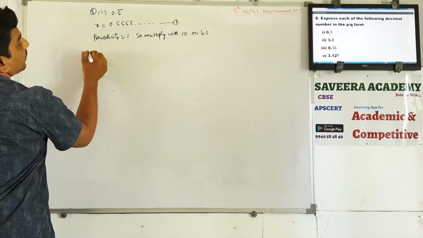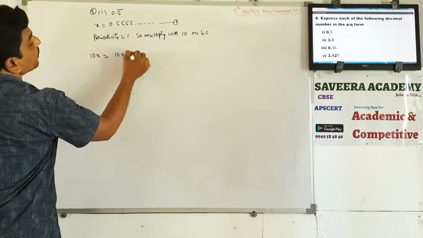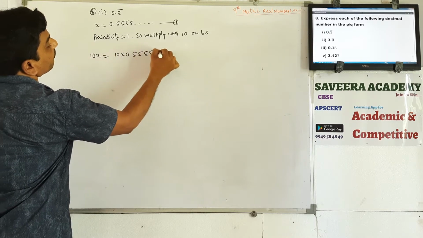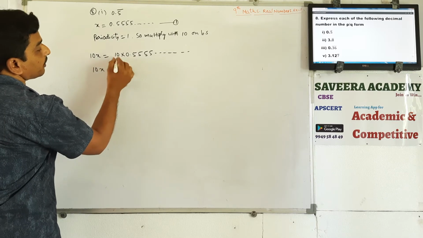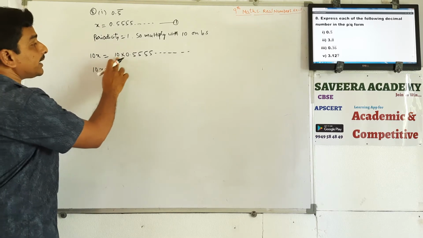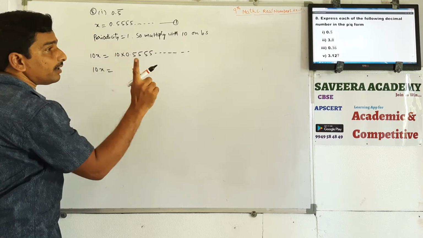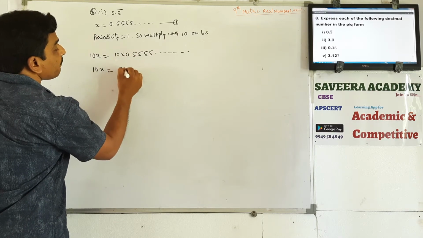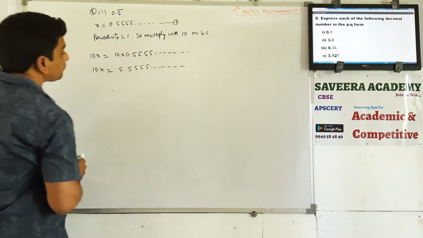Then 10 into x, 10x is equal to 10 into 0.555 and so on. Whenever you are multiplying with 10, the decimal point moves towards the right side by one digit. Then it becomes 5.555 and so on.